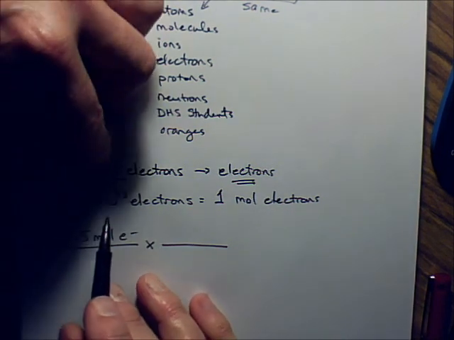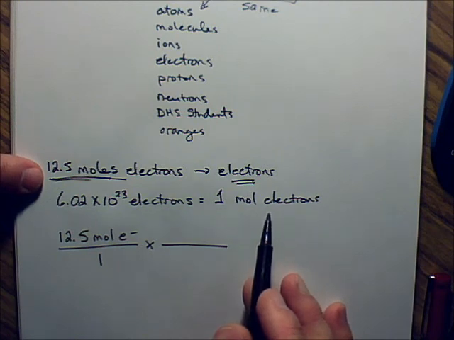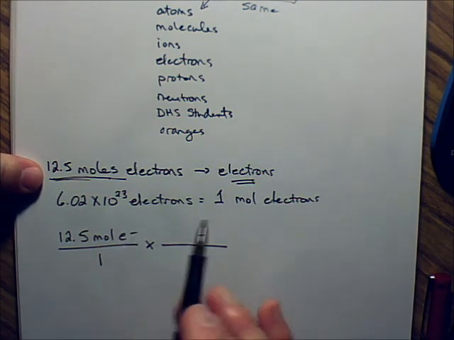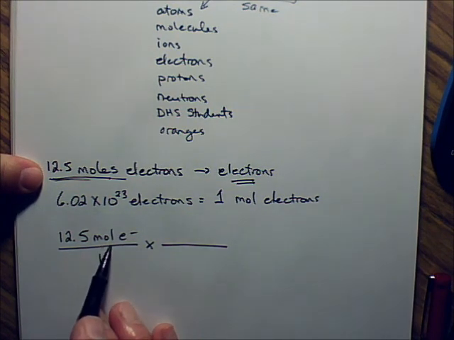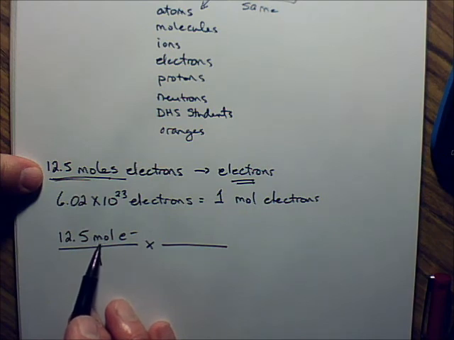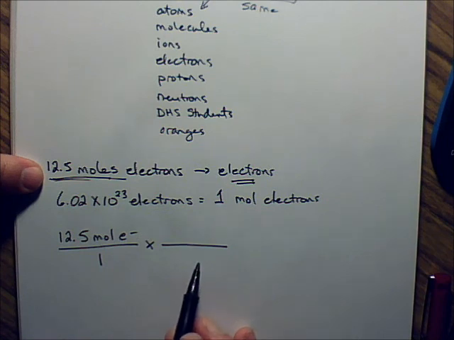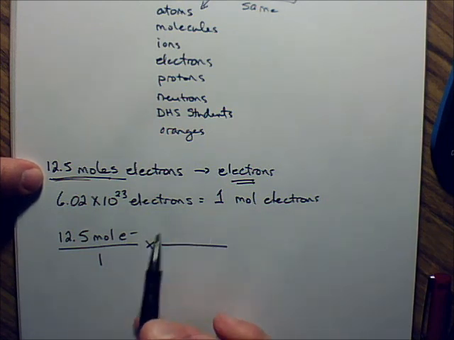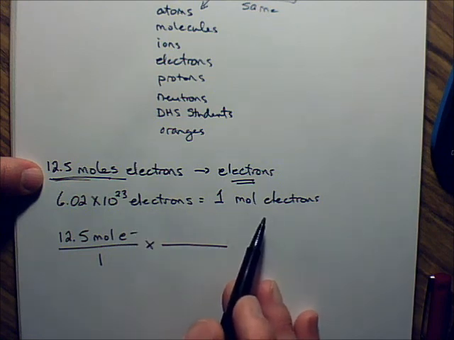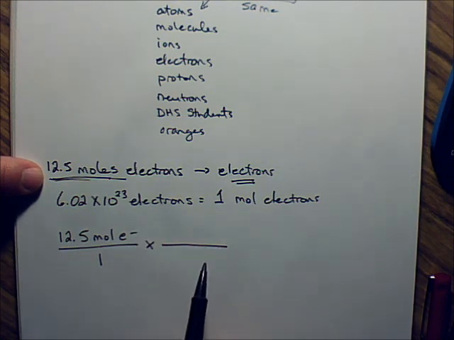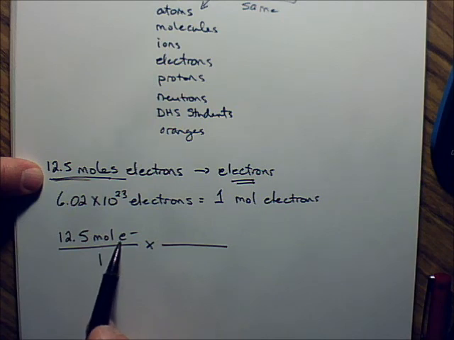And then what you do is you look at the equality statement here and choose the side of the equality statement that matches the previous step's units and species. And you put that side of the equality statement on the bottom. Let me repeat that one more time. You choose the side of the equality statement that has the same units and species as the units and species in the previous step. And you put that side of the equality statement on the bottom of the conversion unit.